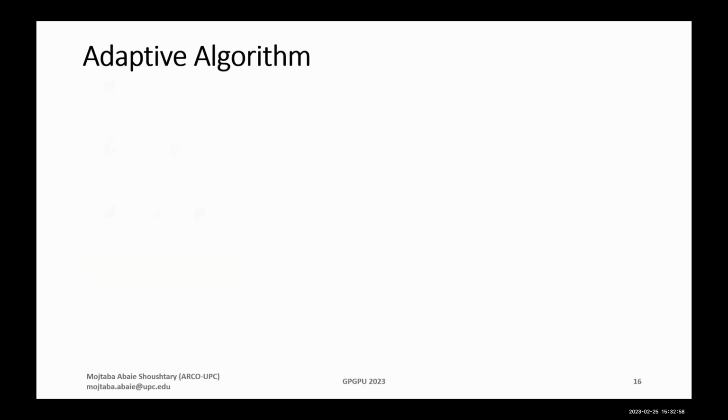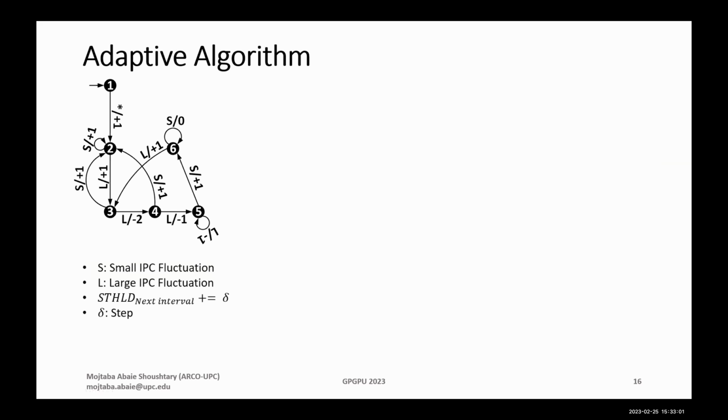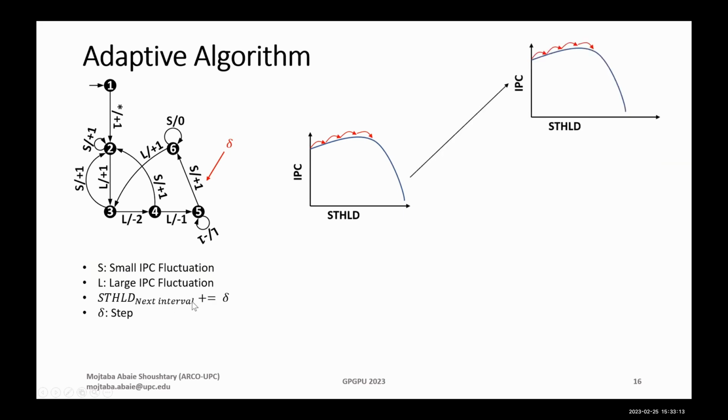so it means that we are not in the same phase of the application. The adaptive algorithm is described by this state machine and works based on this IPC fluctuation, trying to set the threshold for the next interval based on the fluctuation.